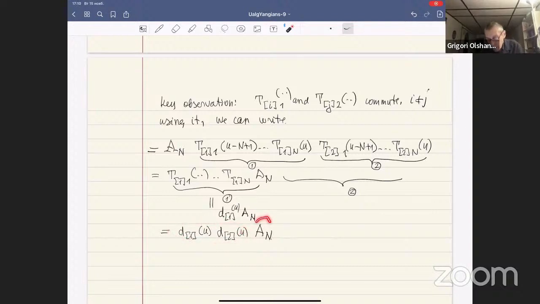So we need these projection operators because it is necessary to apply our initial definition.